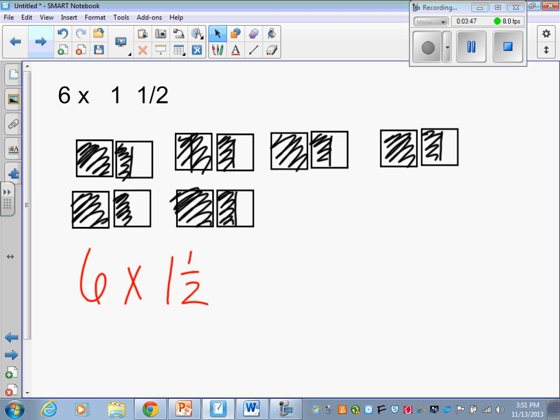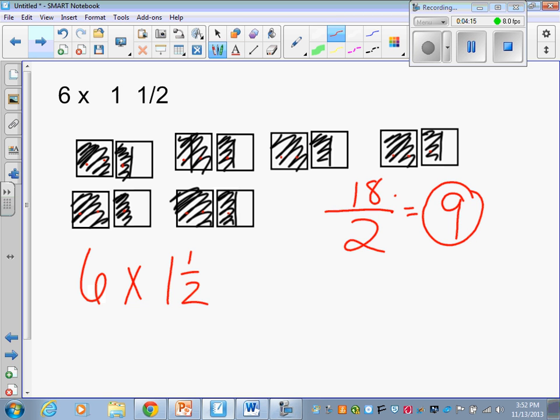Okay. I have a lot of halves here, and I would count them up to find out exactly how many. We have 1, 2, 3, 4, 5, 6, 7, 8, 9, 10, 11, 12, 13, 14, 15, 16, 17, 18 halves. I can simplify 18 over 2 by dividing 18 by 2. I know that's a math fact, and it's equal to 9.